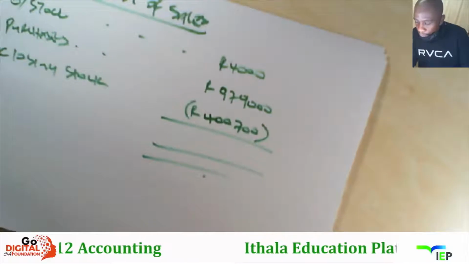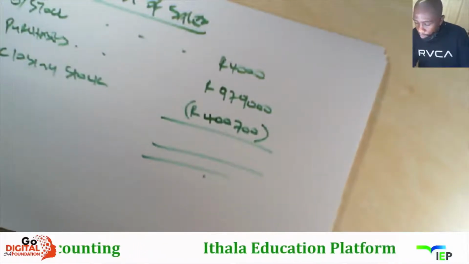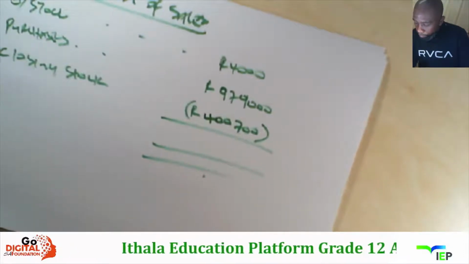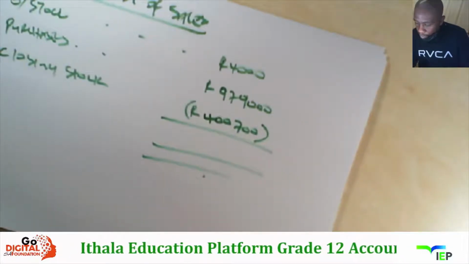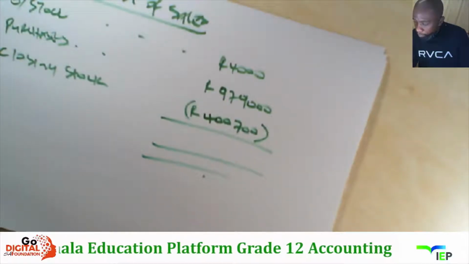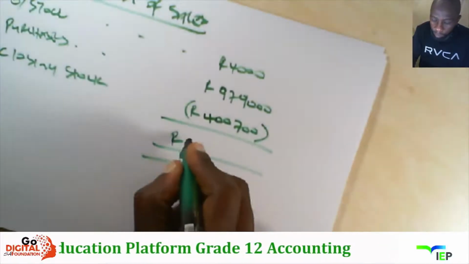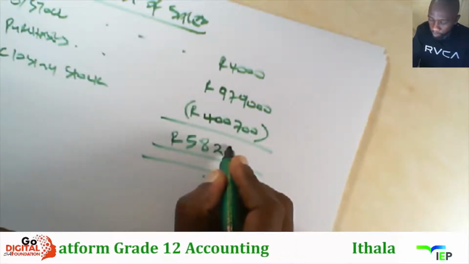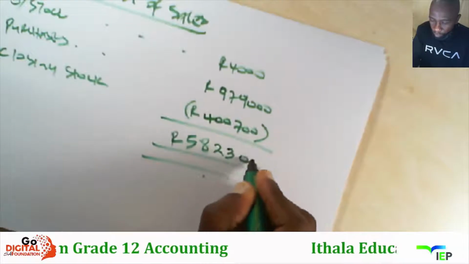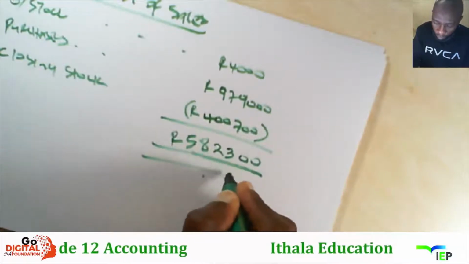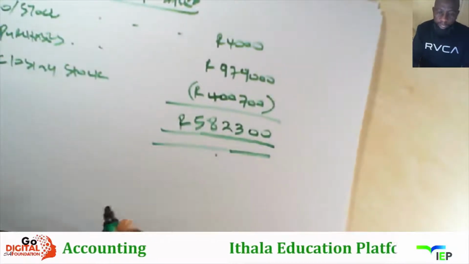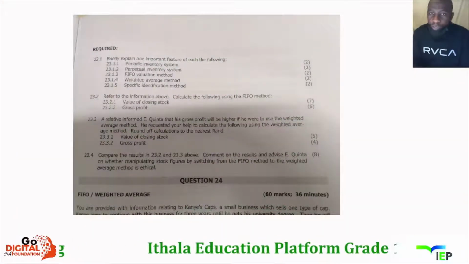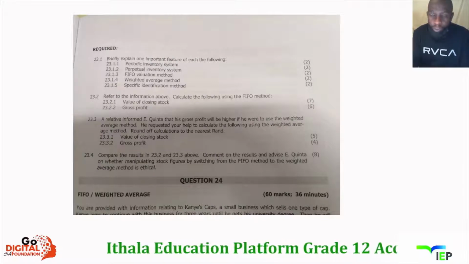So which means we have 4,000 plus 9,700 minus 400,700. Right, this is the cost of sales.